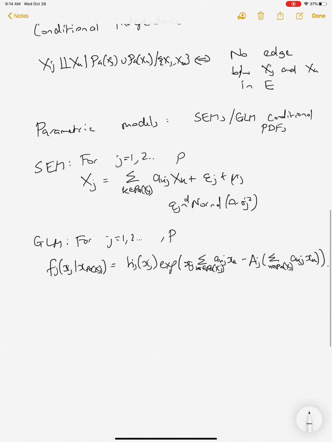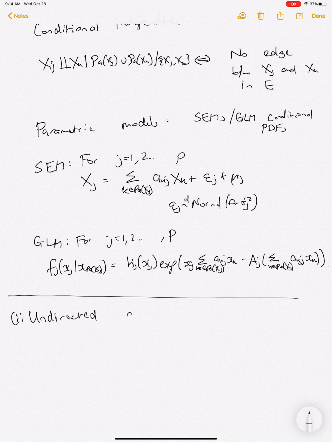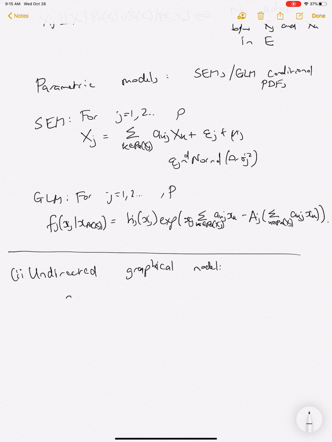And then for the undirected graph, for the undirected graphical model, we once again have G equals (V, E), where V is again the set of P nodes, and E is now a set of undirected edges.